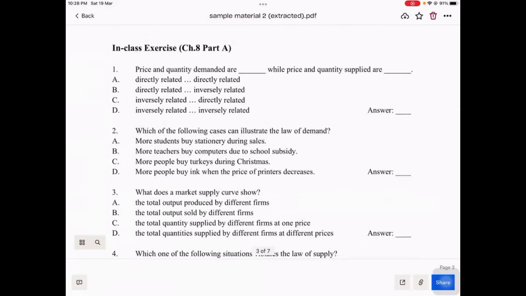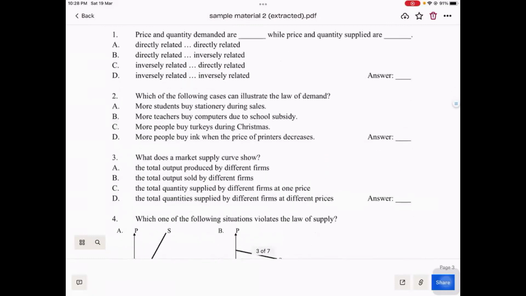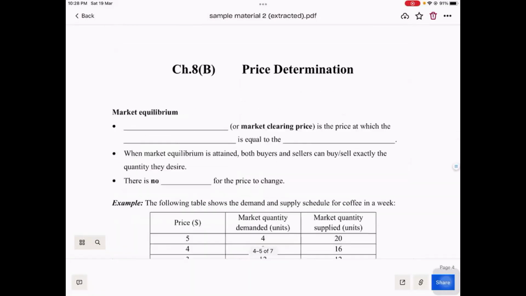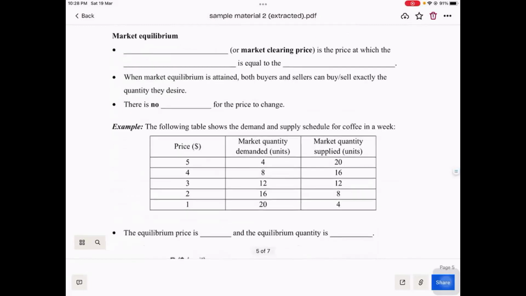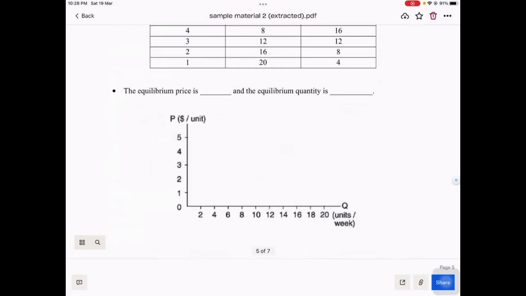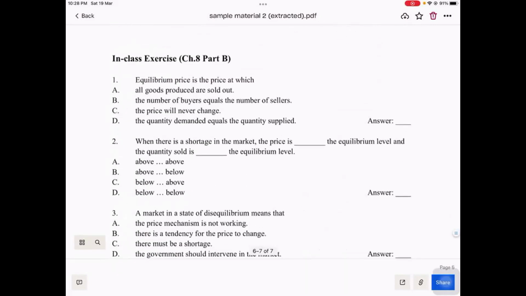For example, part A, just definitions, just the law of demand, law of supply. They have some exercise. They can stop, think, and ask. And then I will go to further details like market equilibrium. What does equilibrium mean? To draw the diagrams. And then shortage, surplus, which is one step above the definitions, right? So it is about how the market equilibrium works, and then exercise again.